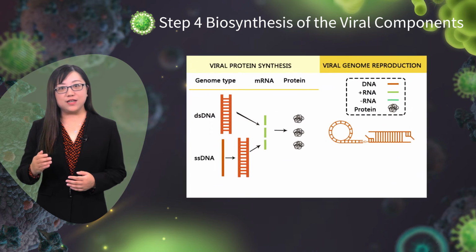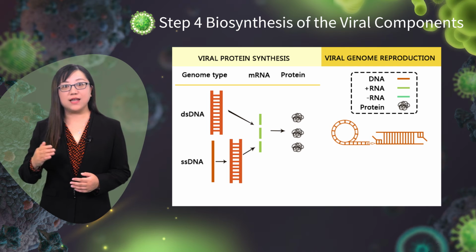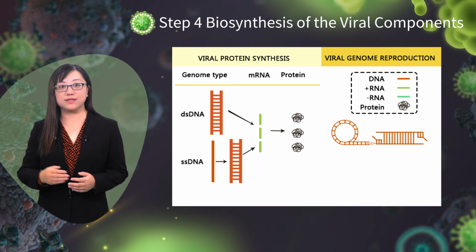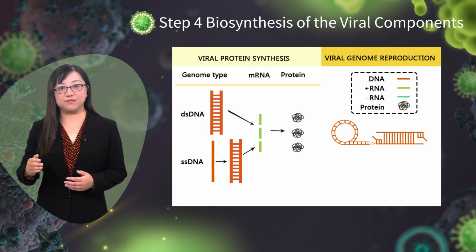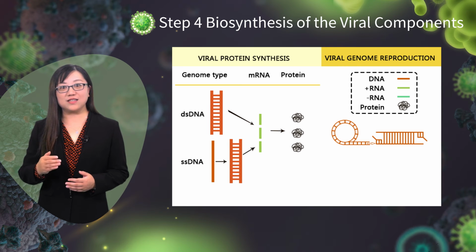Most double-stranded DNA viruses use host machinery in the nucleus to make mRNA, which is translated by host cell ribosomes into proteins. Replication of viral DNA occurs by semi-conservative means. The single-stranded DNA is converted into double-stranded DNA and replicates like double-stranded DNA.